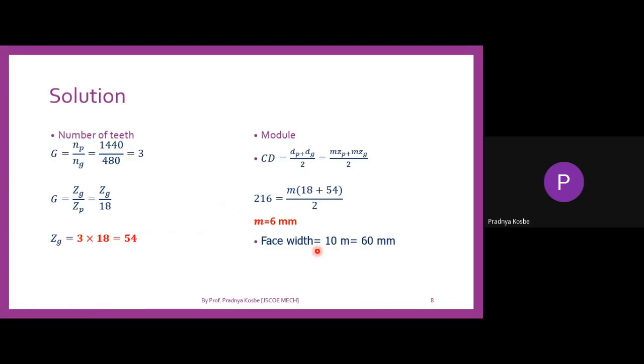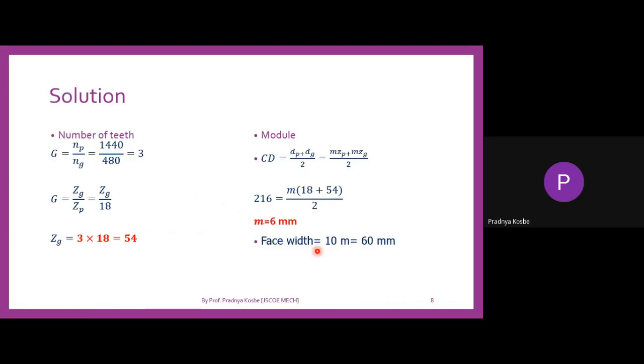So formula for finding out factor of safety for beam strength will be Fb is equal to factor of safety into F effective, and factor of safety for pitting failure, that will be based on a wear strength, and it will be equal to Fw is equal to factor of safety into F effective.